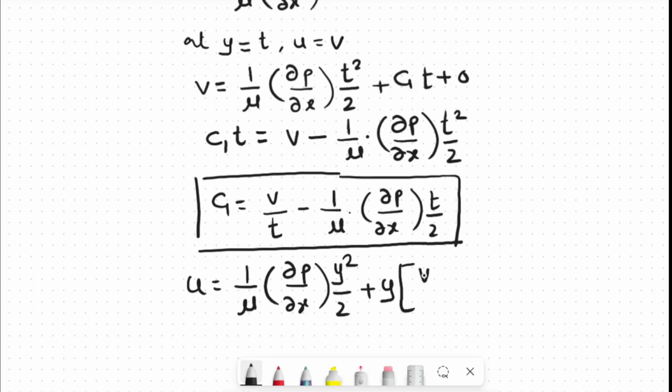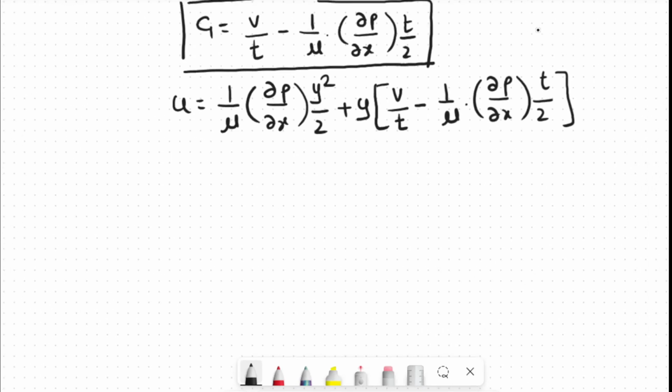That is, C1 is V upon t minus 1 upon mu into delta p by delta x into t by 2. Let us multiply by y into the bracket.